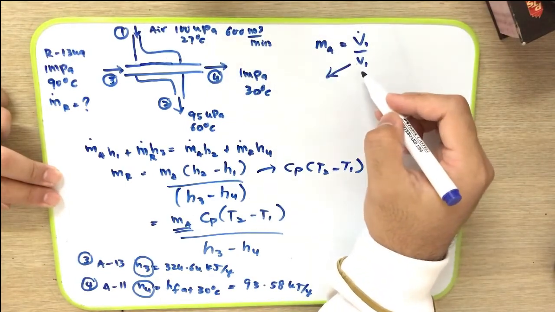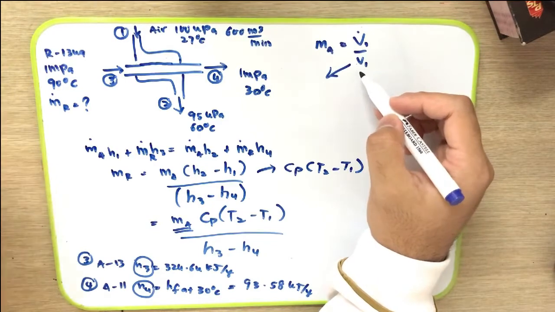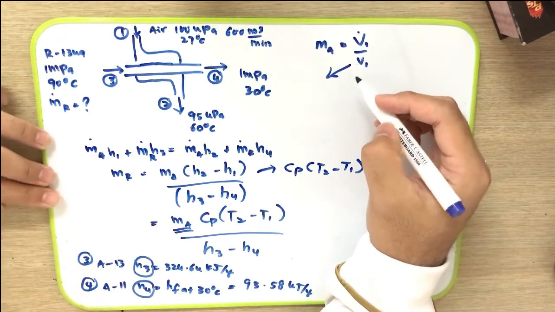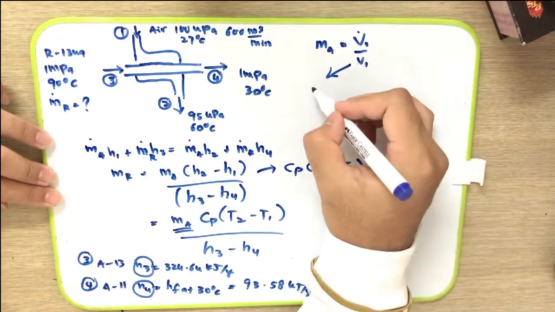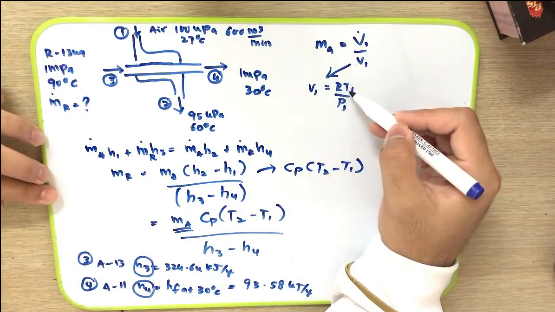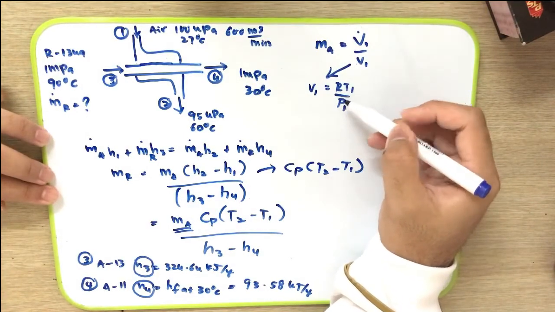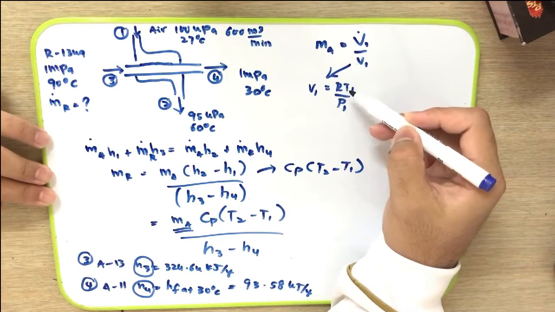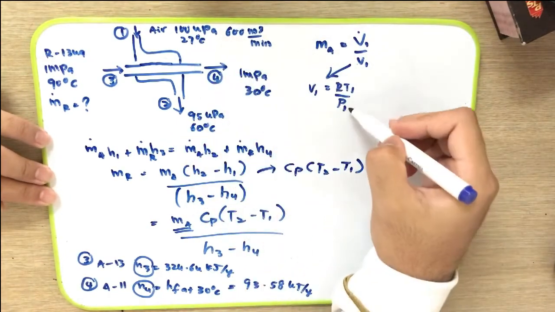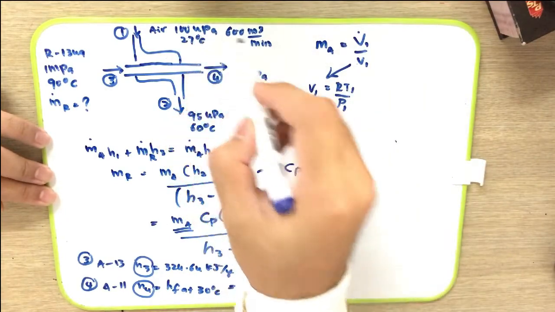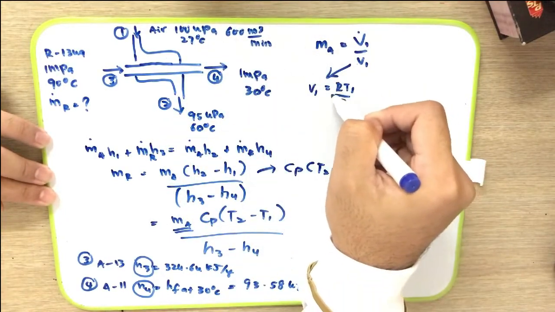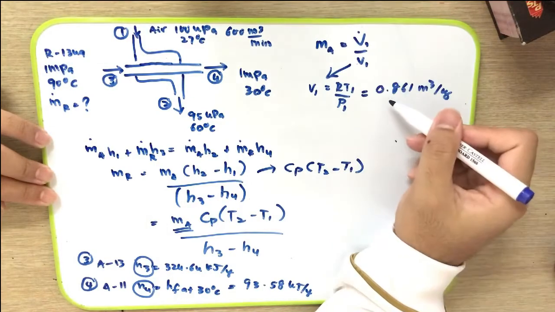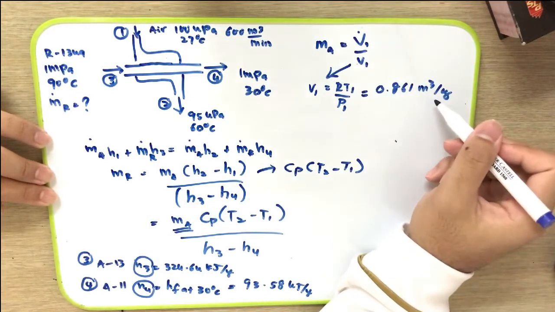So for air, in order to find the specific volume, we can use the ideal gas equation, which is v1 is equal to RT1 over P1. R is the gas constant for air, T1 is 27 degrees C, and P1 is 100 kilopascal. After we substitute inside here, the v1 we will get 0.861 meter cube per kg.